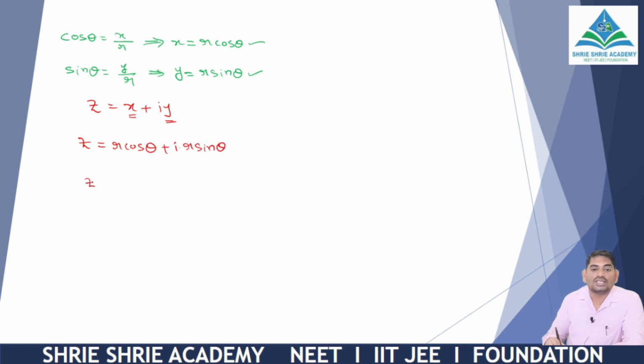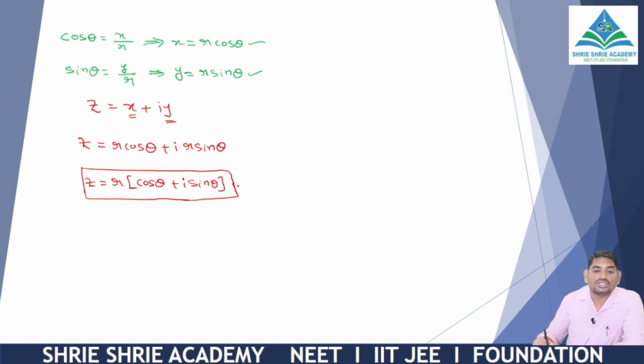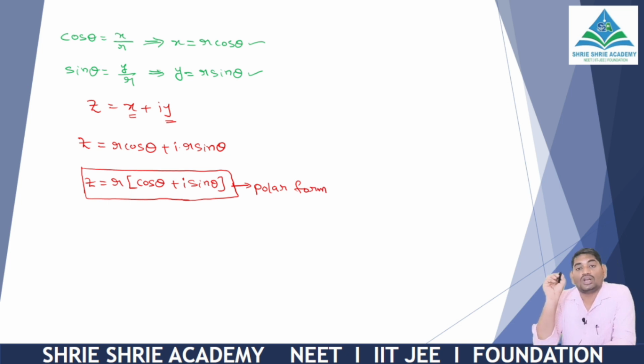If we take r common, what we get inside the bracket is cos theta plus iota sin theta. So z is equal to r into cos theta plus iota sin theta. This is the second form of the complex number, which is called the polar form of a complex number.